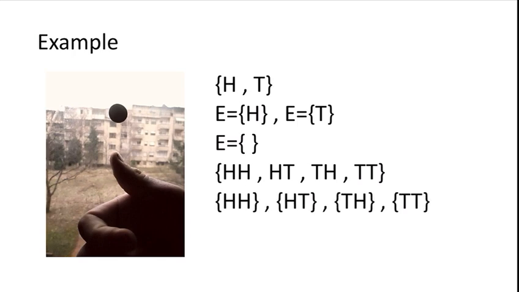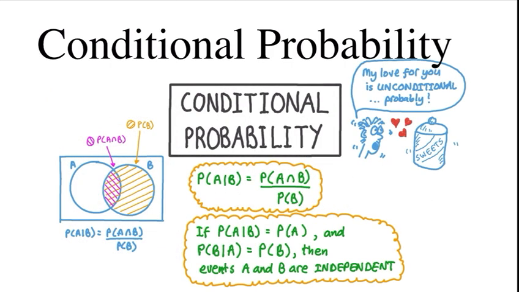In probability theory, conditional probability is a measure of the probability of an event occurring given that another occurrence is already known to have occurred.